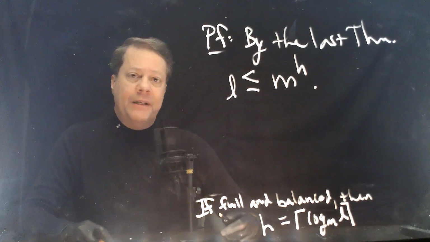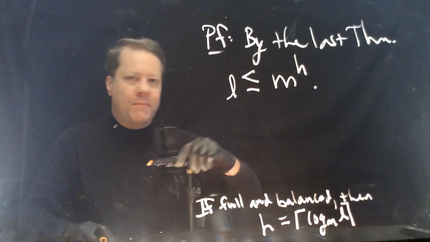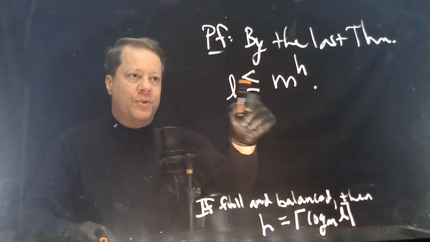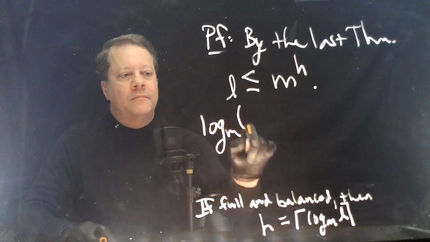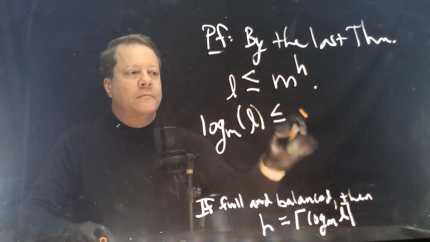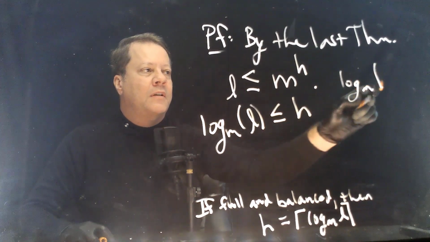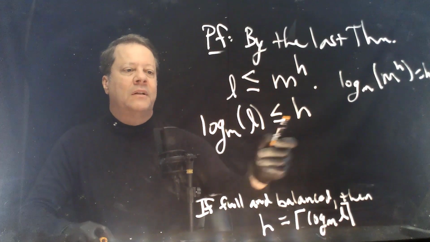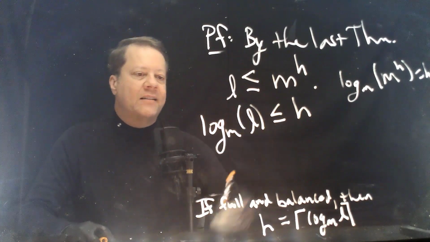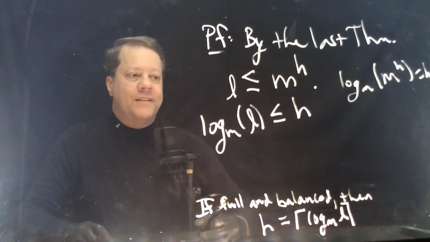If m is bigger than 1, then that log will be monotone increasing, so it'll preserve the direction of the inequality. And when you take log base m of m to the h, you get, of course, h. So we get h is at least log base m of the number of leaves L.